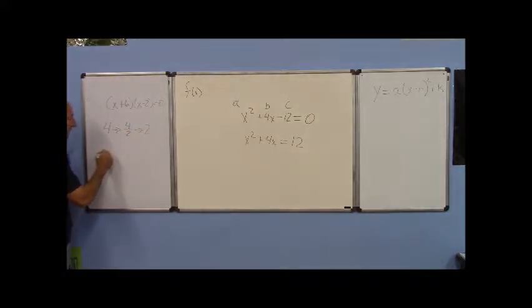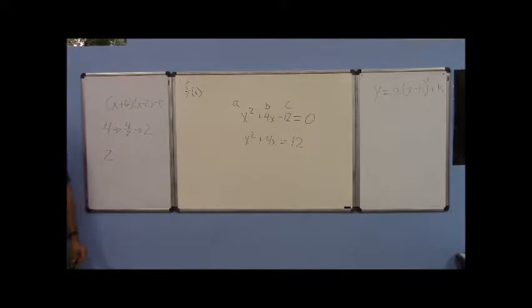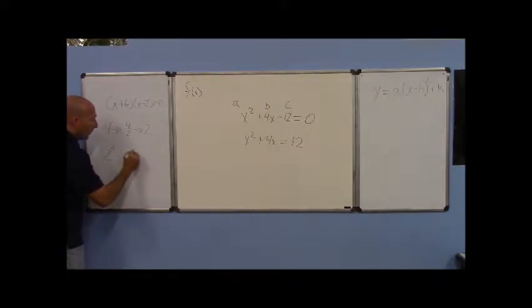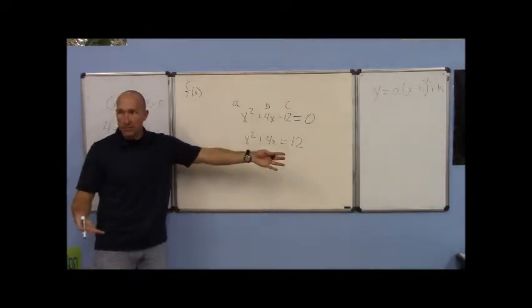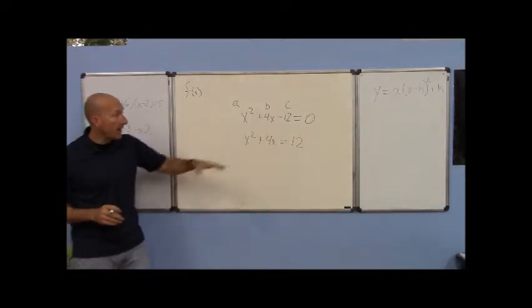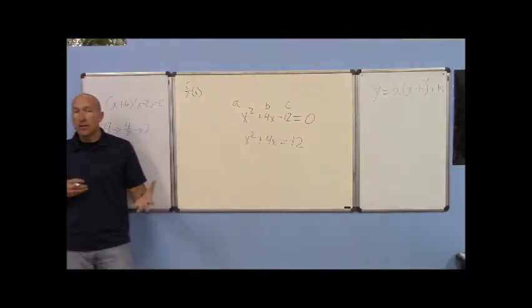Now we're going to take that 2, half of this, and we're going to do what with it? Square it. Very good, which equals 4. So we take half of this number and then we square it. And now, since we have to keep this statement true, whatever you do to one side, you have to do to the other.